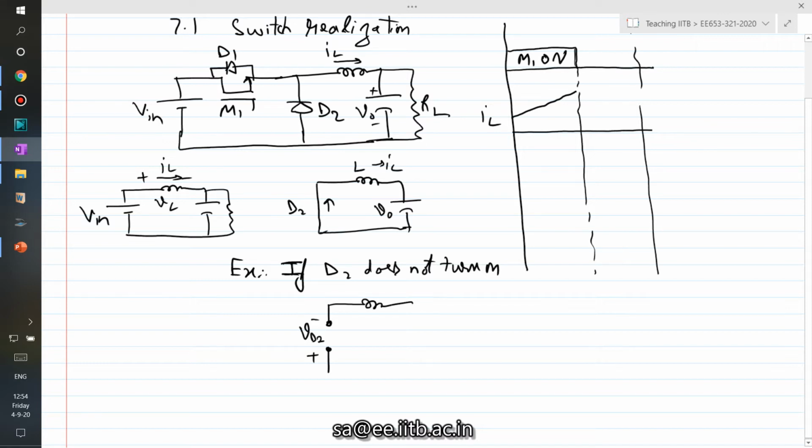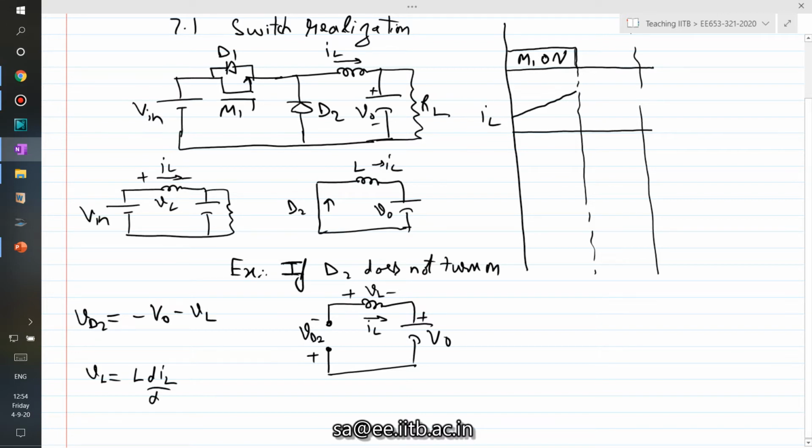This would be the inductor, and this would be the output voltage Vo. You can write KVL and say that the voltage across diode D2 is equal to minus Vo minus VL. And what is VL? VL is given by L dIL/dt.